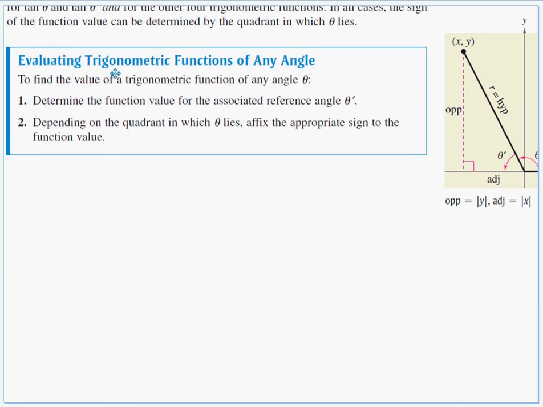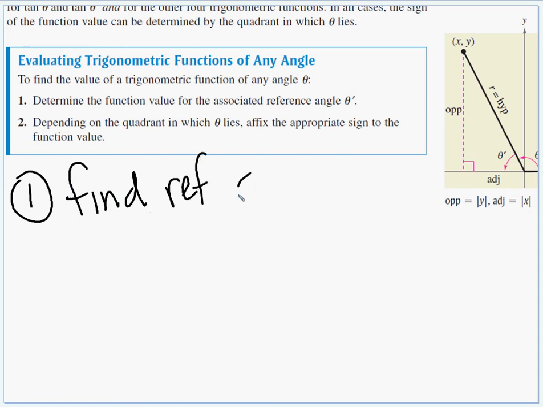It says here to evaluate the trig function of any angle. To find the value of the trig function of any angle, I would say first we're going to find the reference angle, theta prime.